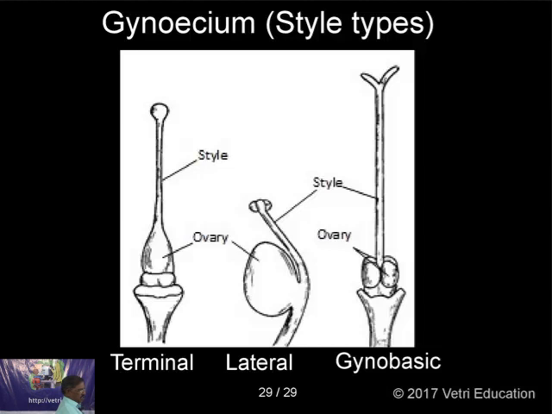In the second one, the style comes from the lateral side of the ovary, this is lateral, example mango. In the third one you see the carpels, and the style comes from the base of the carpel. This is called gynobasic, found in Ocimum and the Lamiaceae family.